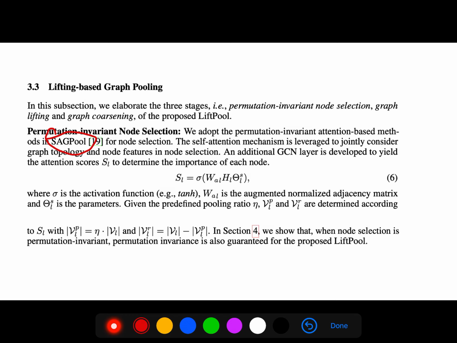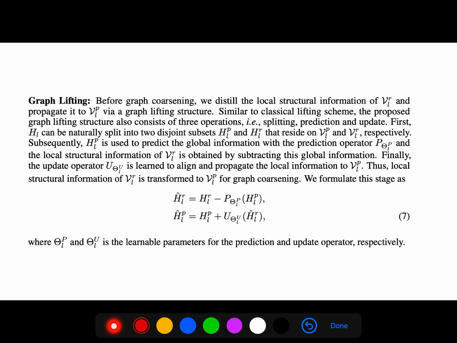An additional graph convolutional network layer is developed to yield the attention score to determine the importance of each node. Then for graph lifting, the local structure is transformed to this for graph coarsening. So we formulate this stage of graph lifting like this, and these are the parameters that should be learned.